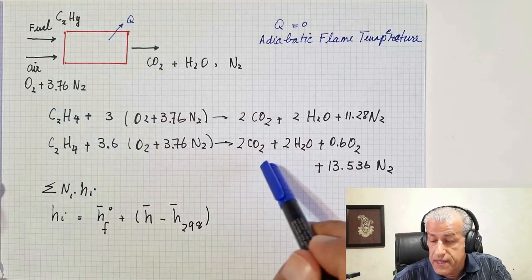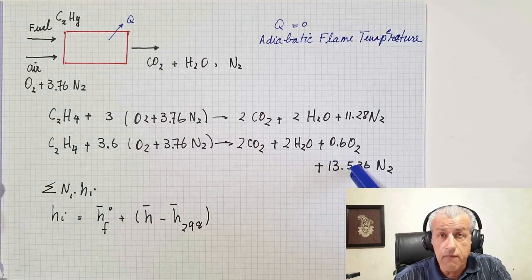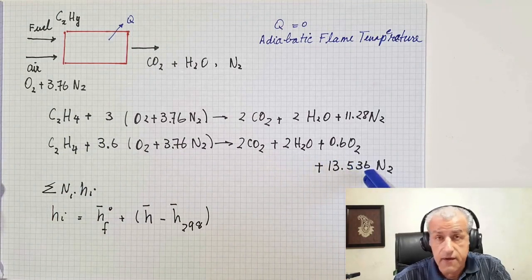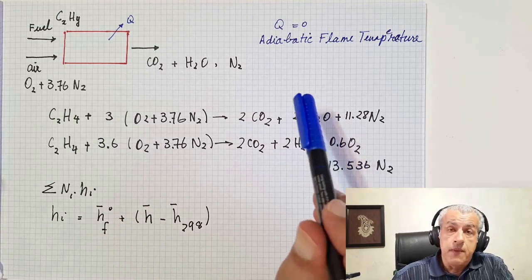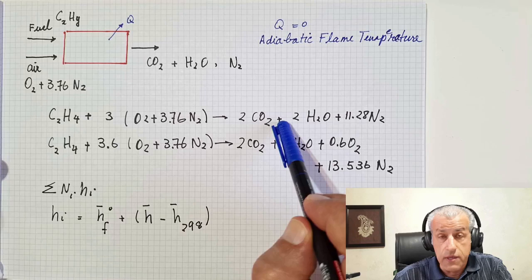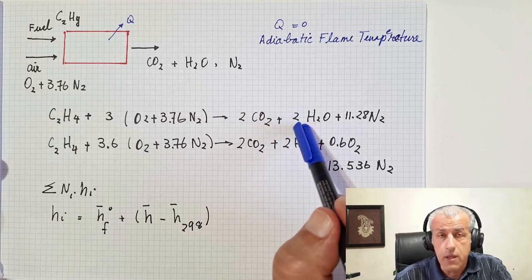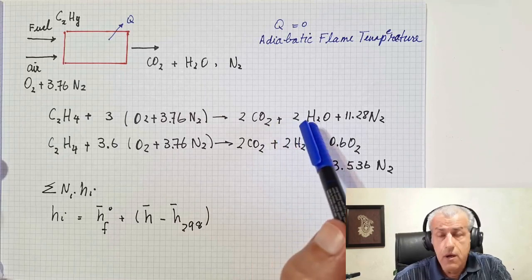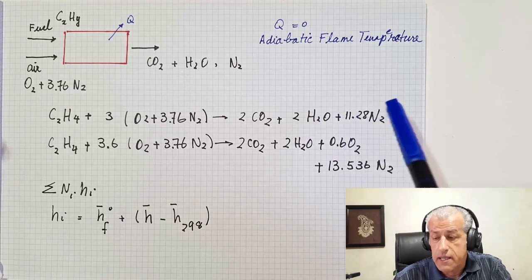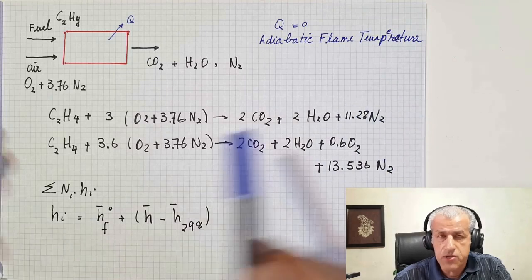So here there are more molecules in the products, and therefore the temperature would be lower. But for the original combustion, for the ideal combustion, the number of molecules is less, and therefore there would be a higher adiabatic flame temperature.